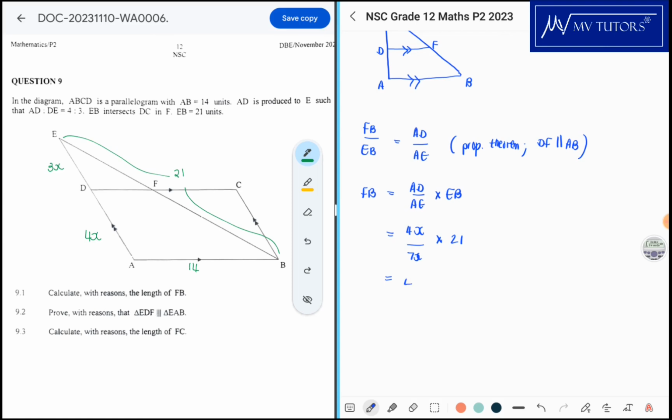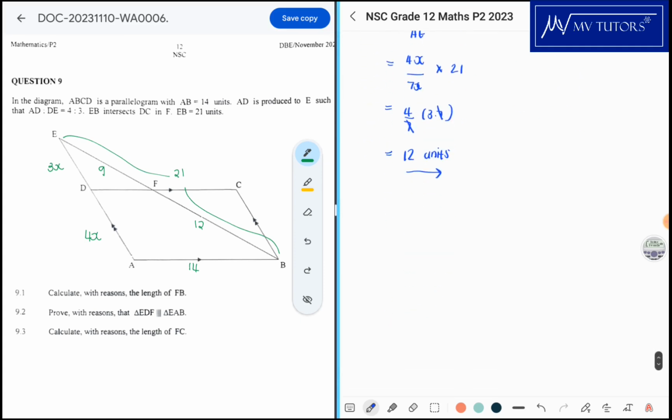So I have 4 over 7 times 21. And remember, 21 is like 3 times 7. So the 7s would cancel out, and I'm left with 4 times 3, which then is 12. So FB is 12 units. And whatever I find, I'm going to populate. So I have FB as 12 units, meaning EF is 21 minus 12, that would be 9. Okay, so I have filled in what I can.